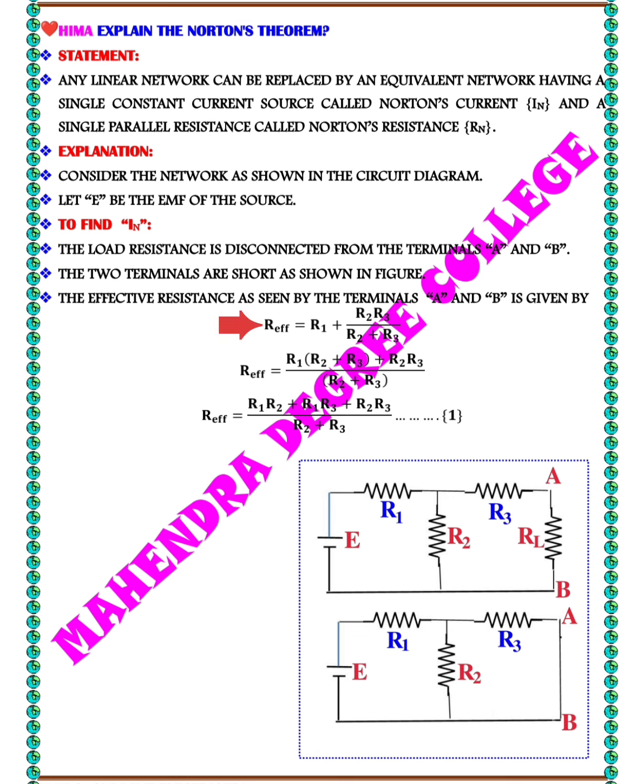In the above equation we take the LCM. Here, the denominator of the fraction is R2 plus R3, and 1 means 1 into R2 plus R3, that is R2 plus R3. Multiplying by the denominator R2 plus R3, the numerator R1 becomes R1 into R2 plus R3.